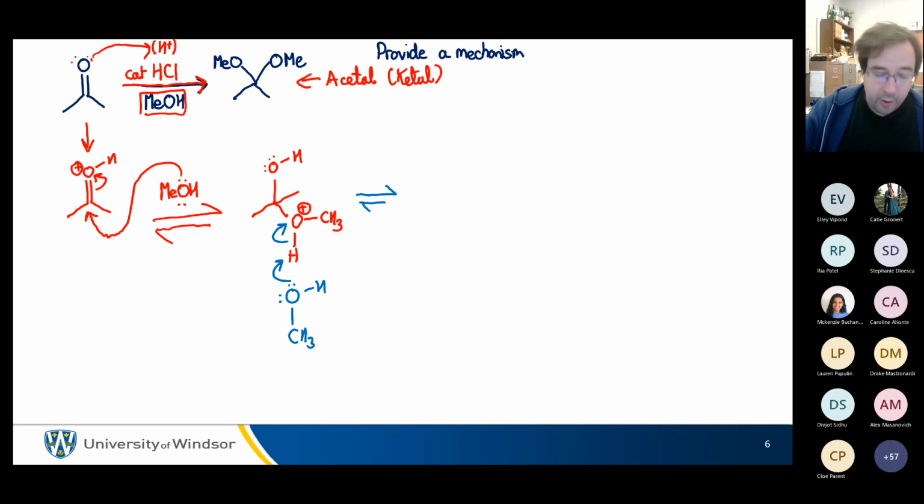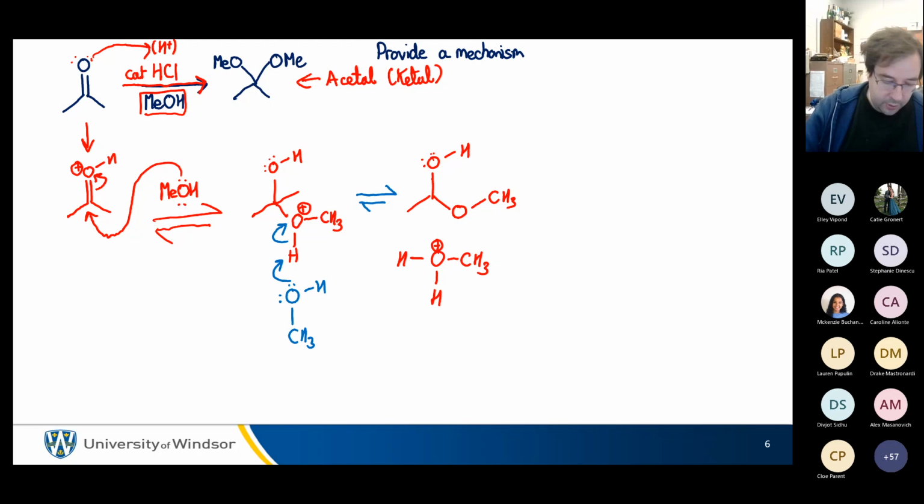Note, I'm still drawing equilibrium arrows, because all of this is reversible. Plus the methanol, and eventually I'll keep that in blue.